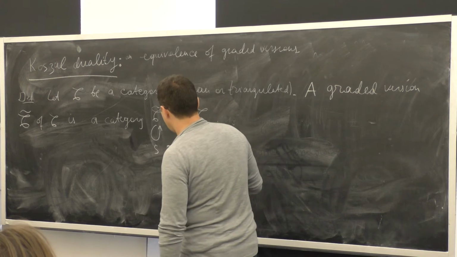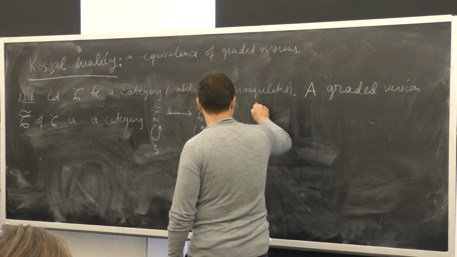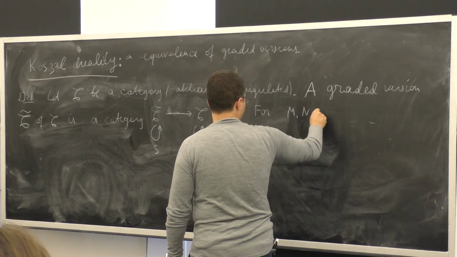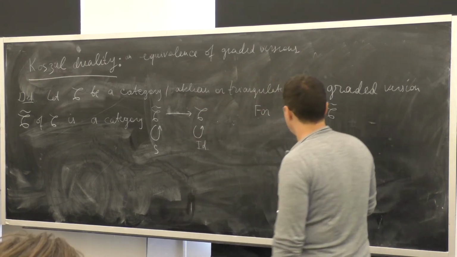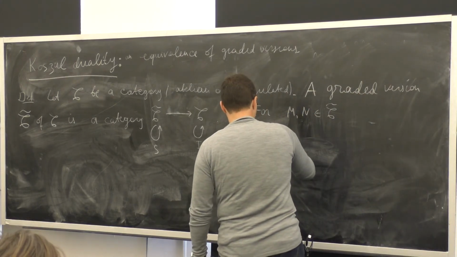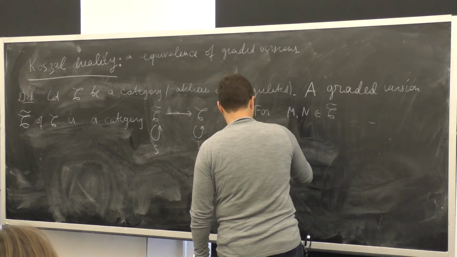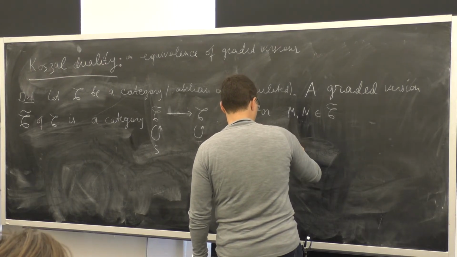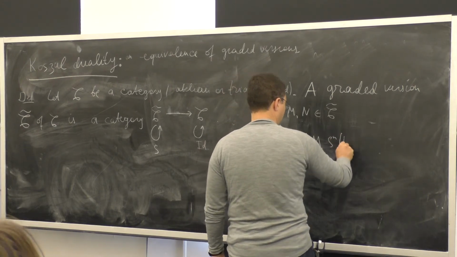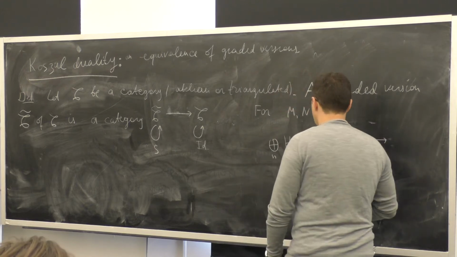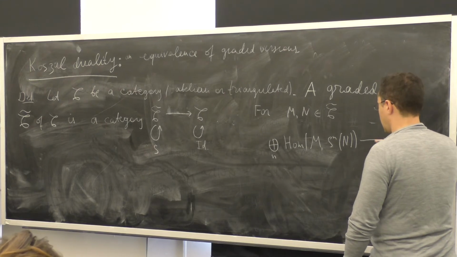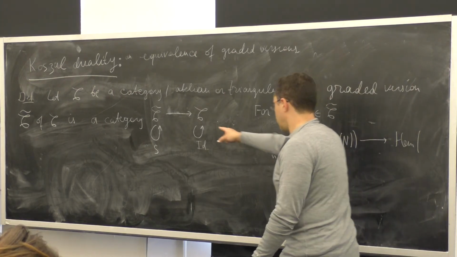Basically we say that for objects in the graded thing, we get a map from the sum over n of Hom from M to S to the n of N to the Hom from M to N. Let me not introduce notation for this functor.